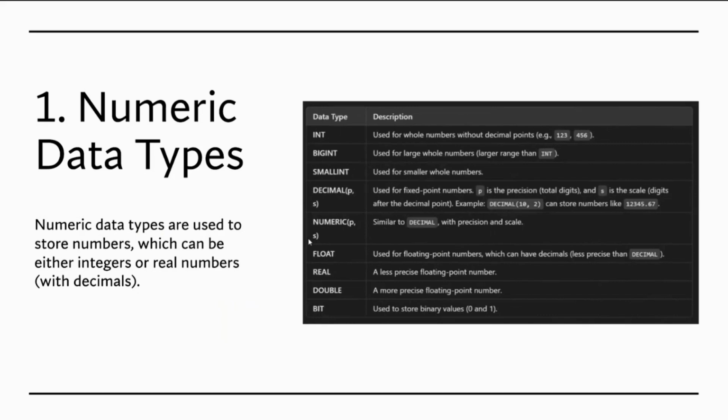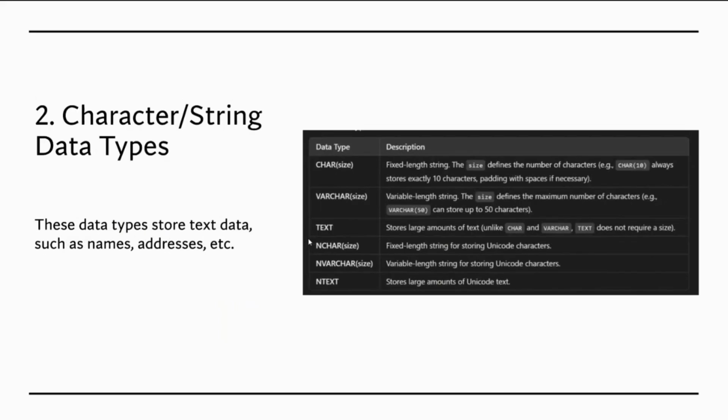Now, coming to the character string data types. In Dynamics 365 we have single line of text, multiple lines of text. Like this we have different types of data types, right? In the same way, in SQL also, for storing a string, a single character or multiple characters, we use the character string data type.